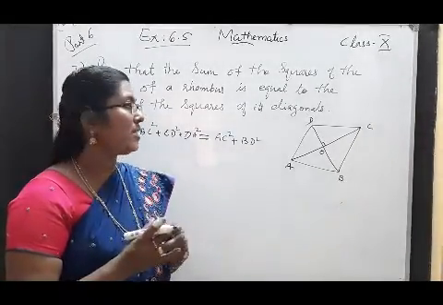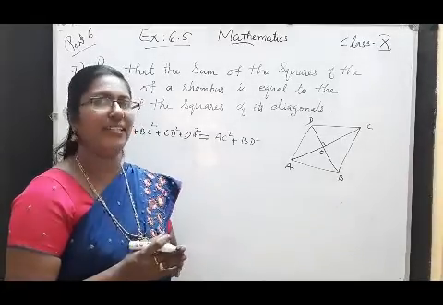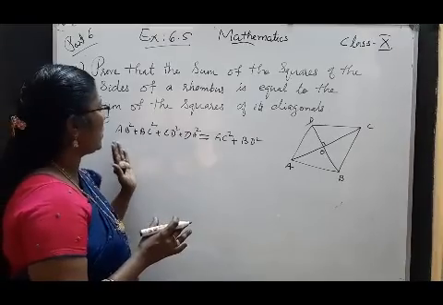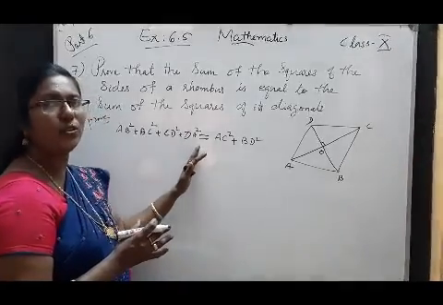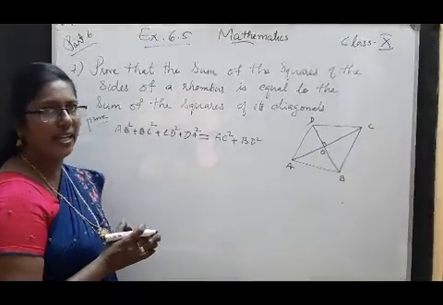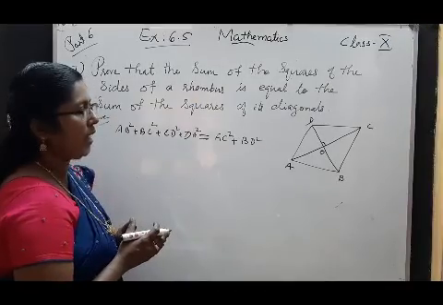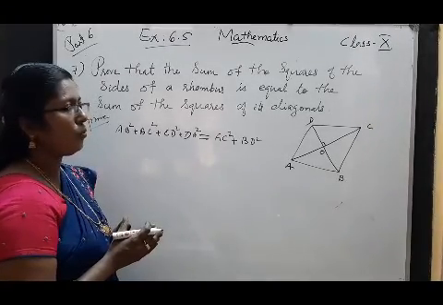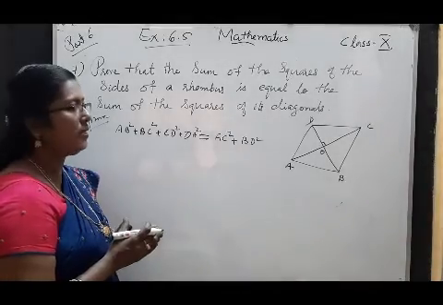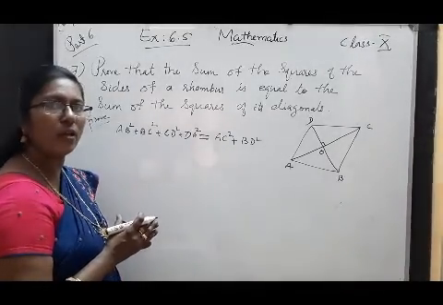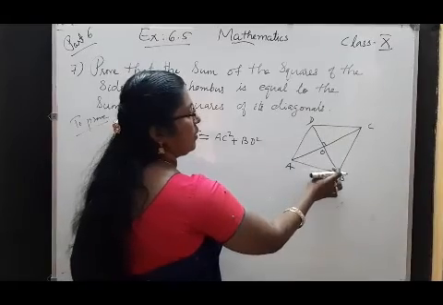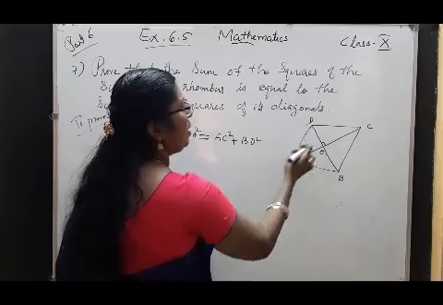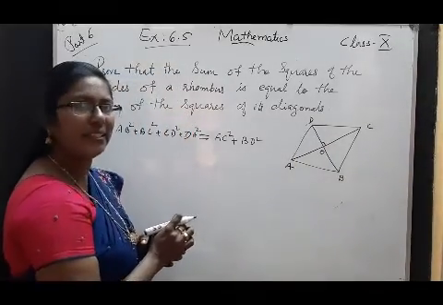Then the properties of a rhombus: all the sides are equal. Then diagonals bisect each other at 90 degrees. Then here, how to prove the sum of the squares of the sides is equal to the sum of the squares of its diagonals? Here, what is AC? AC is AO plus CO, and AO and CO are equal.